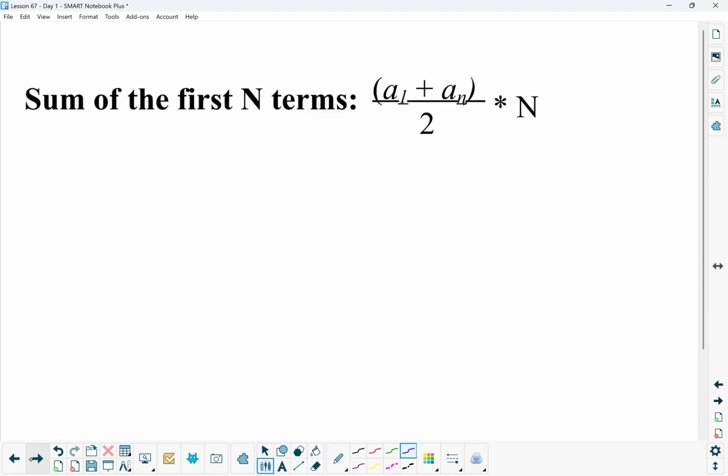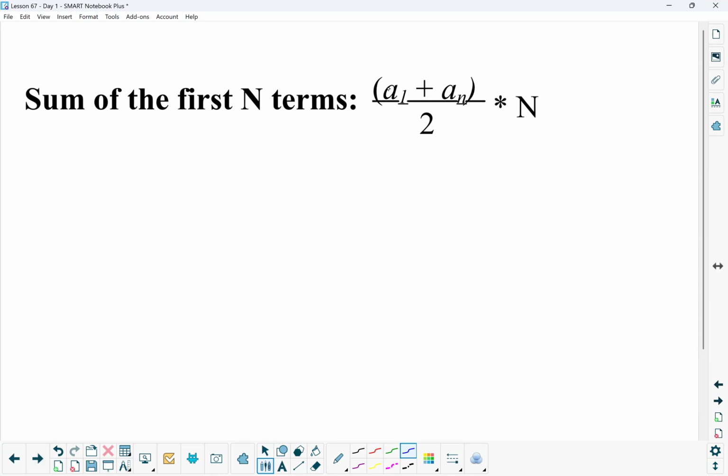One of the things that we often want to do with arithmetic sequences is find the sum of the first however many terms. We could just add all of those terms together, but there's a formula to make it a lot easier.